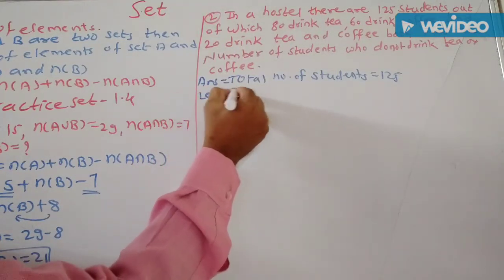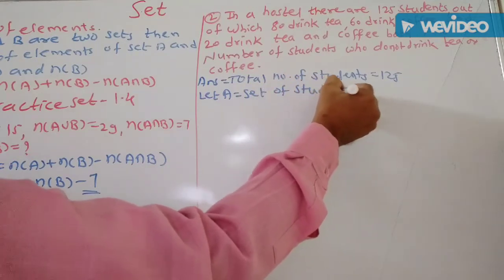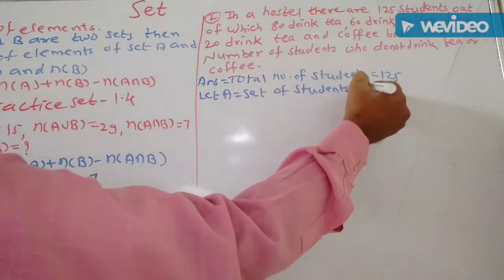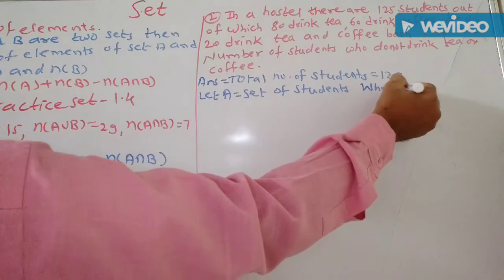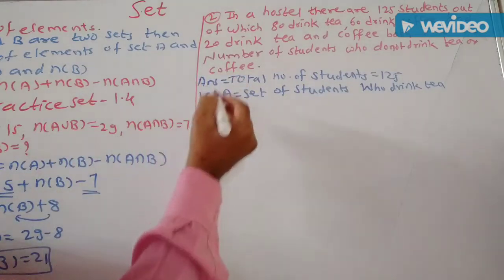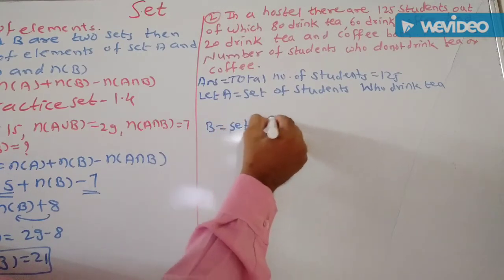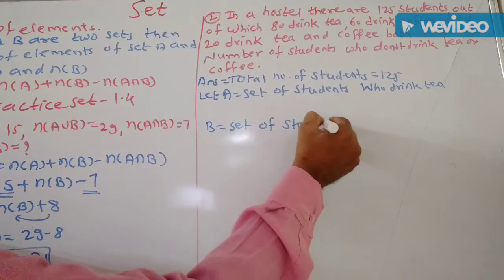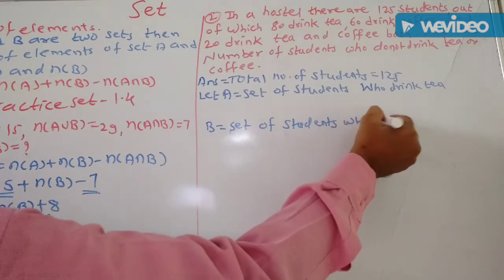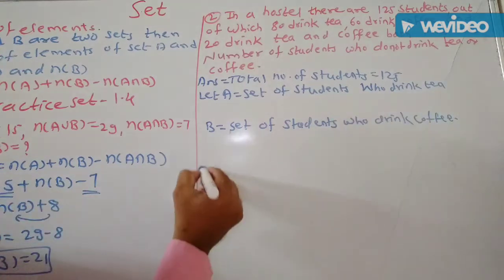Let A be the set of students who drink tea. Then B we take as the set of students who drink coffee.